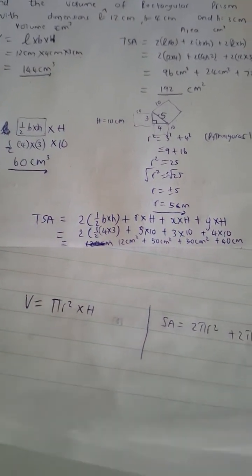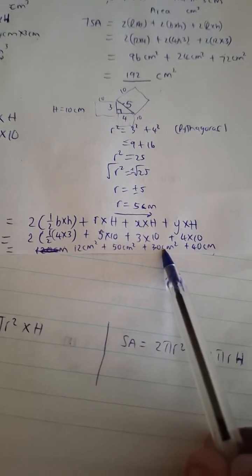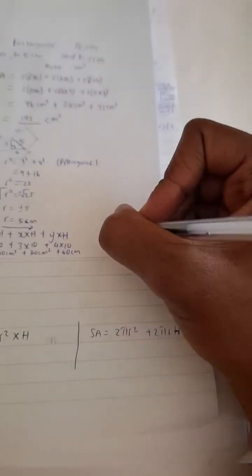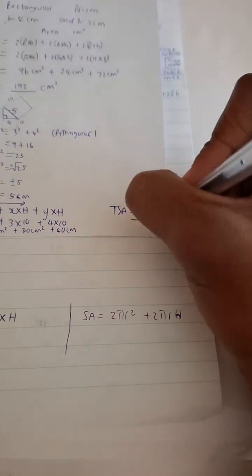Let's see, 50 plus 30 is 80. 80 plus 40 is 120. 120 plus 12 is 132. But let's be careful and write the correct unit since we are dealing with surface area.